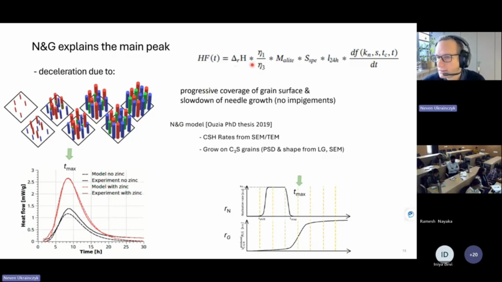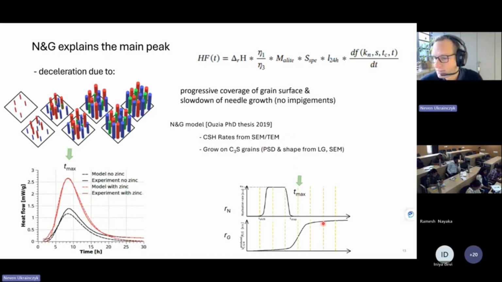This is the heat flux, the enthalpy. There is the molar mass, the surface area, and then we have this kinetic function, which they got from the microscopy.